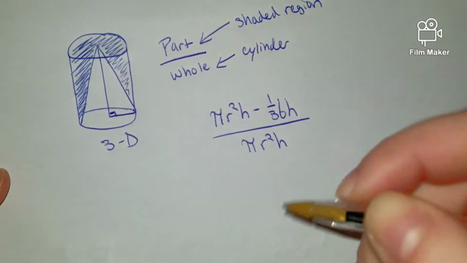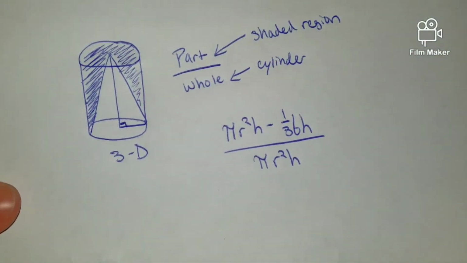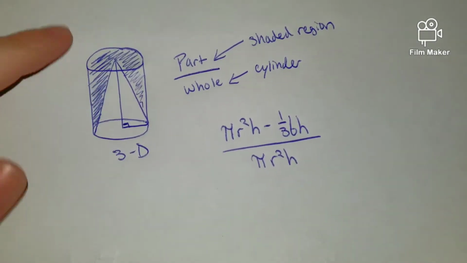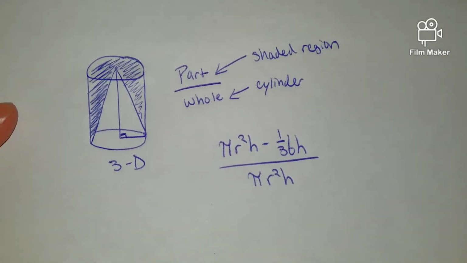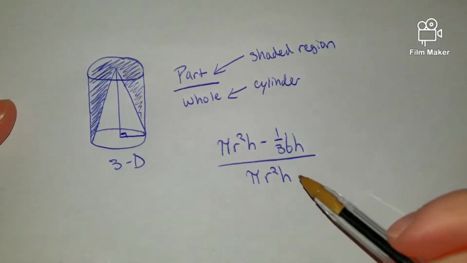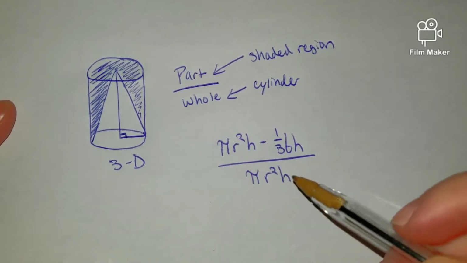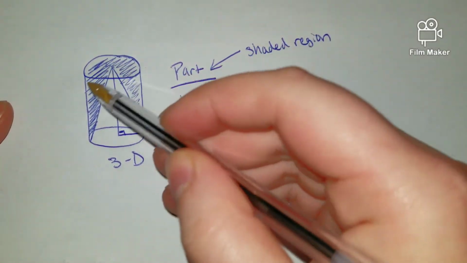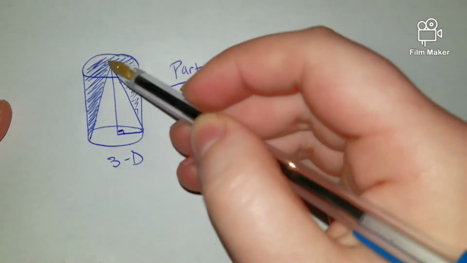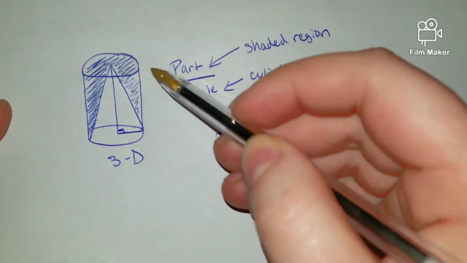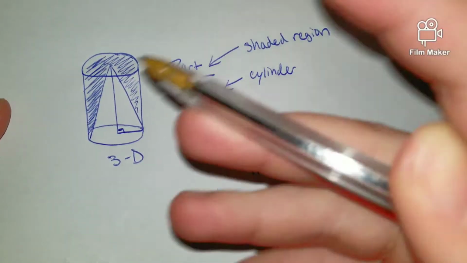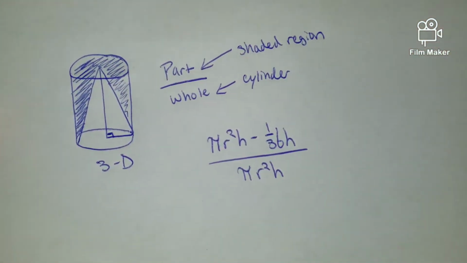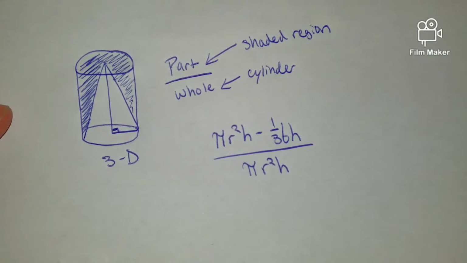It's not 2D, because cylinders are 3D objects and are not just flat figures. So we can't find the area, we have to find the volume in this case, because it's not asking about surface area, but it's asking about how much space. If you were to pick a point in all of this shaded space, what is the probability of picking a point from here?